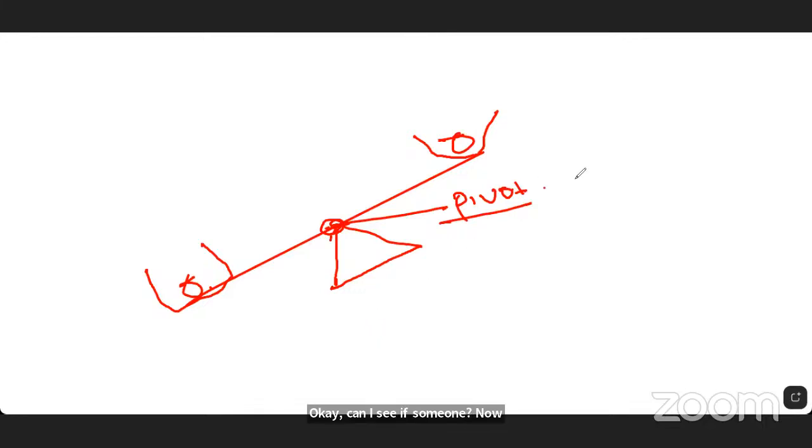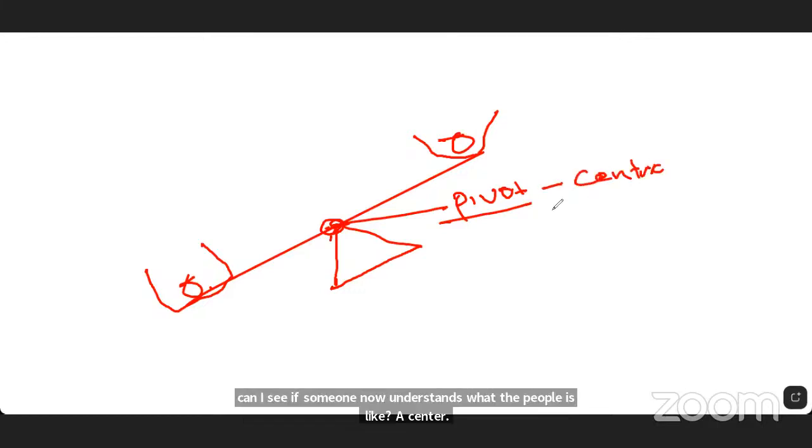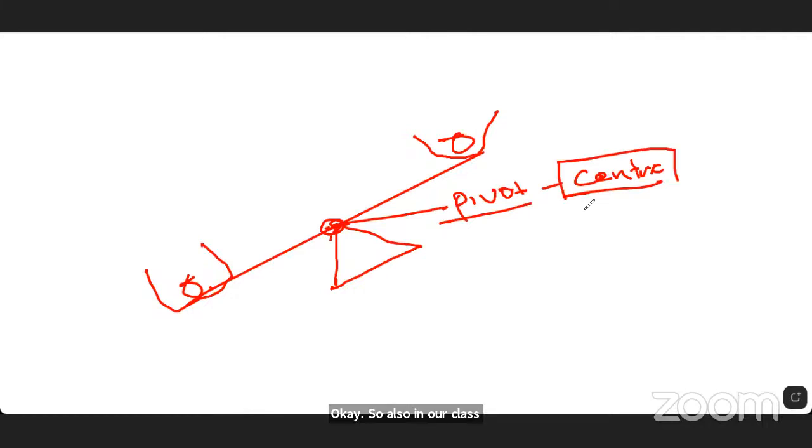A pivot is like a center. In our class for today, the pivot is going to be a major ingredient, the center of our trading success. That's why it will have what we call the pivot points.